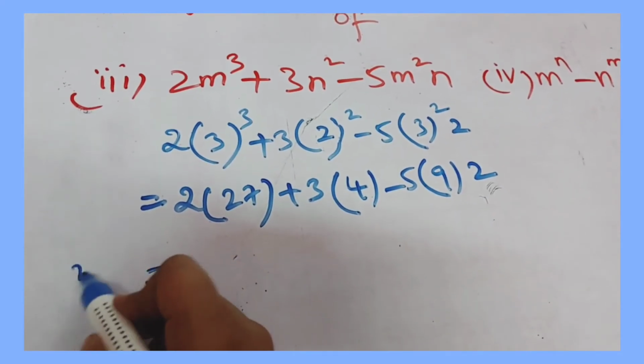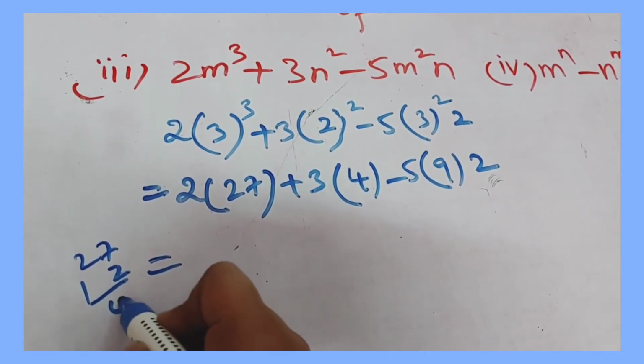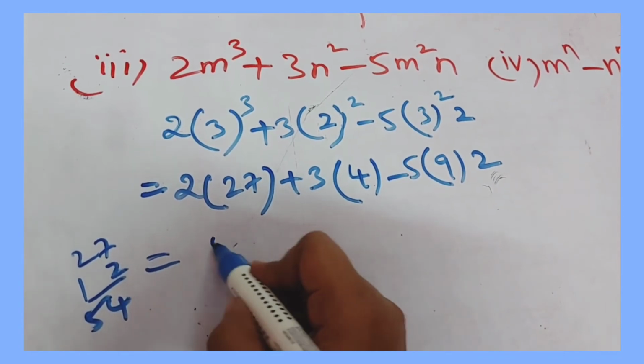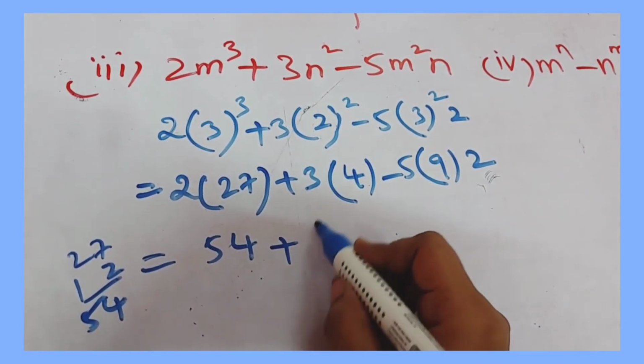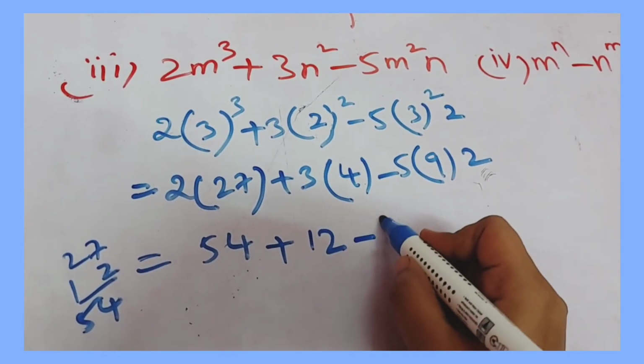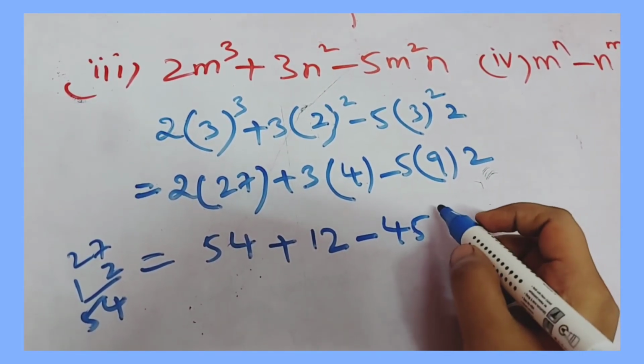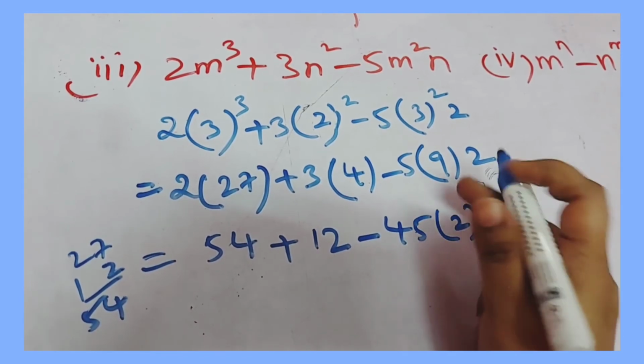So now what is 27 2s? 7 2s are 14, 2 2s are 4, 5. It is 54 plus 4 3s are 12, minus 5 9s are 45 into 2.